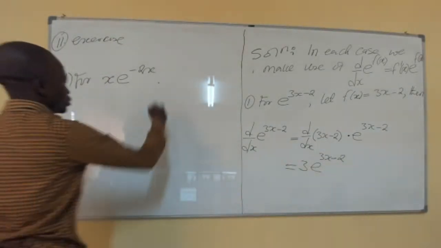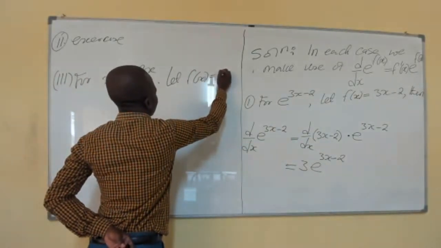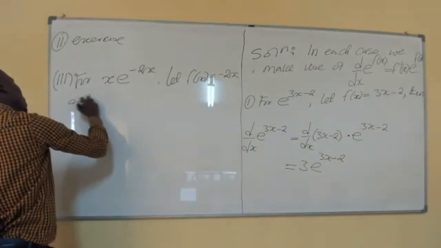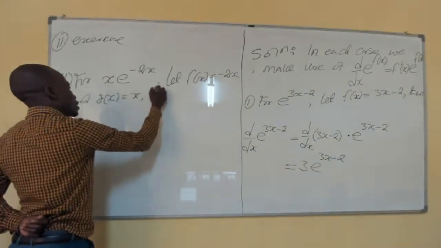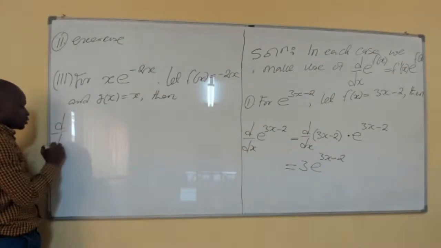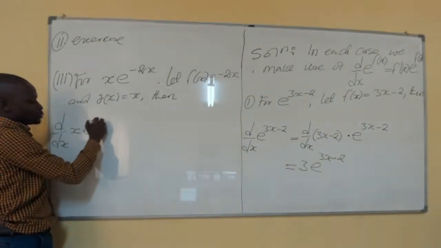So we are just going to let f of x be equal to negative 2x and g of x be equal to x. Then by the product rule, the derivative with respect to x of x e to the power negative 2x.